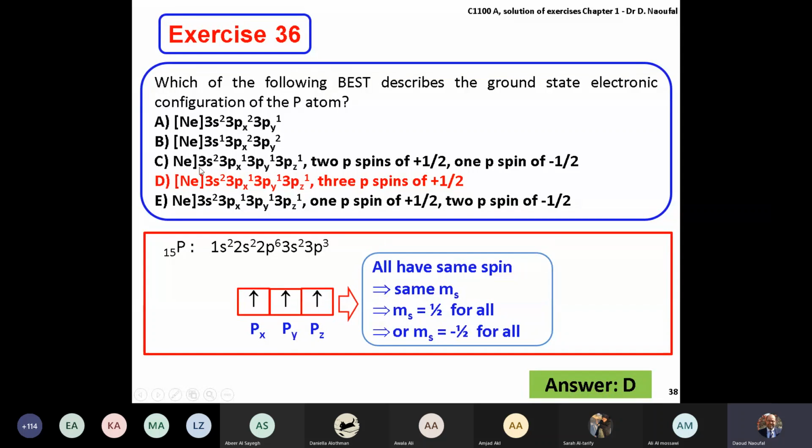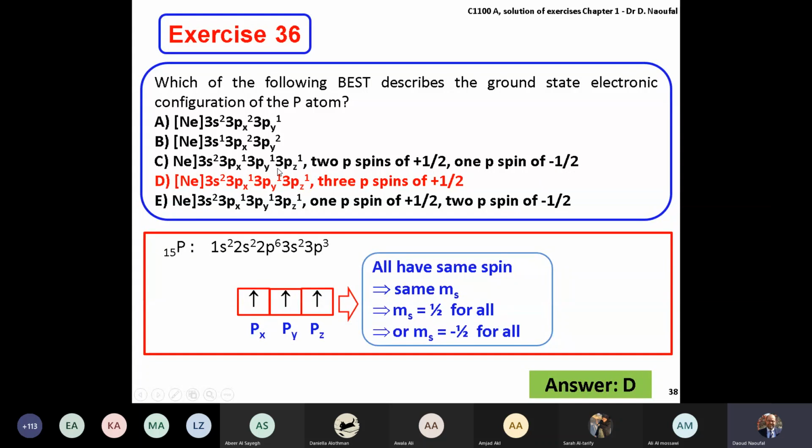C, 3s2, 3px1, 3py1, 3pz1, with two spins plus half and one spin minus half. This is incorrect. The 3 spins should be of the same sign, either plus half or minus half.